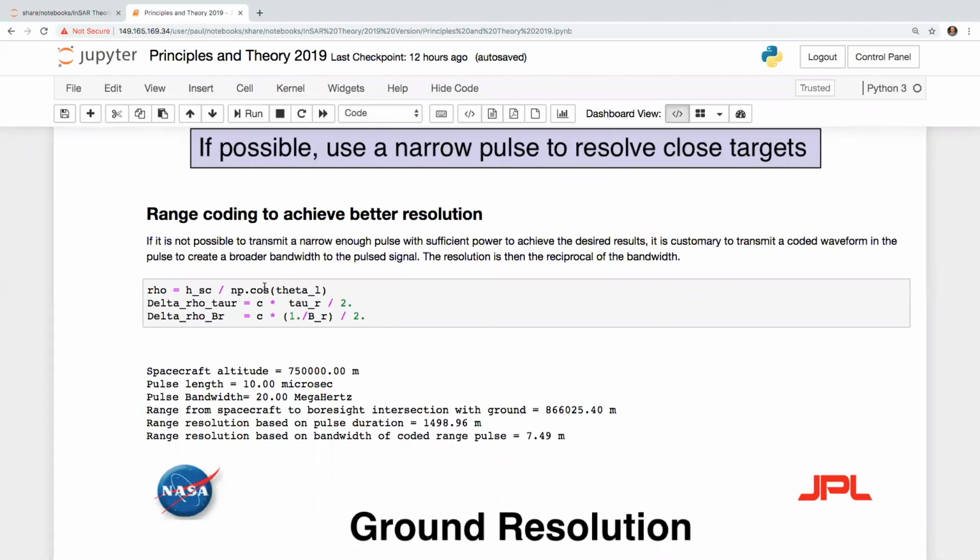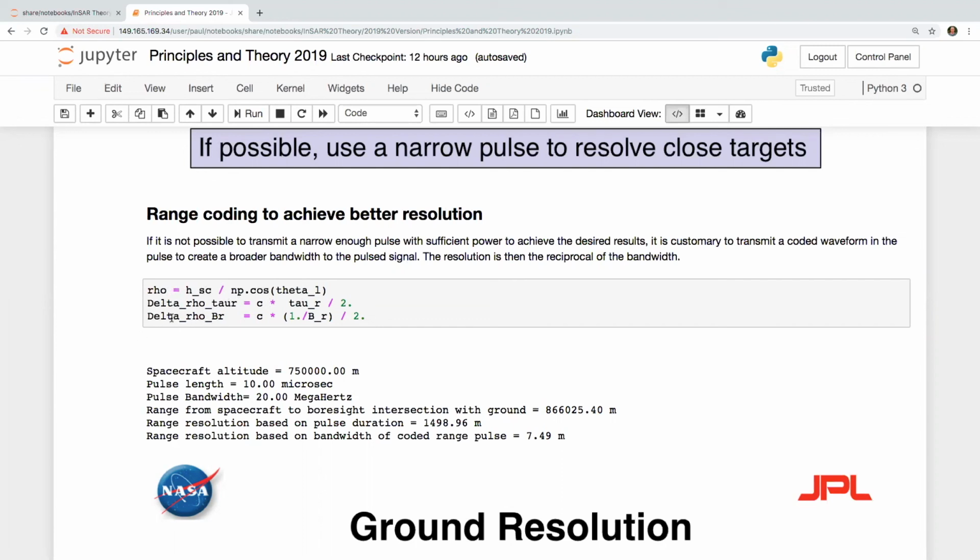So here's just a simple calculation that you can do yourself. I define the range here through the spacecraft altitude and the look angle, and then I calculate for that. That's going to be used later. I calculate also the resolution, delta rho, that you would get just from the pulse length that I've assumed, which is in this particular case 20 microseconds, which is pretty short.